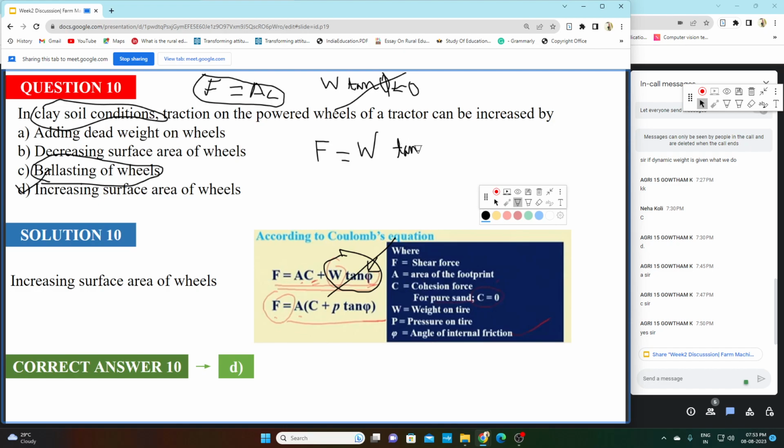So in sandy soil you have to increase your W. How will you increase your W? You can either add dead weights to the wheel, or you can do the blasting operation. So if this question is for sandy soil, your answer would be A or C. These two are correct for sandy soil, but as it is asked for clay soil, your answer will be D.